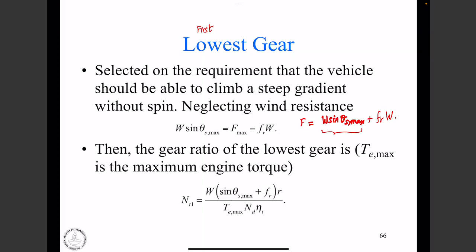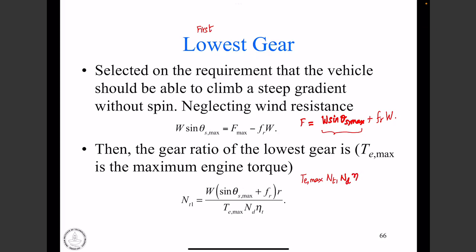Now how do we get an equation for this? Let us say TE max is the maximum torque delivered by the engine, which is the rated torque, and we have NT1 as the first gear ratio. T max times NT1 will be the torque output at the transmission. Then we multiply it by the final drive ratio. This will be the torque output at the wheels.